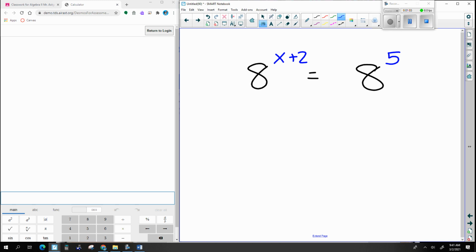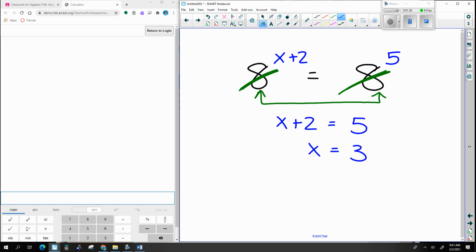Now, if these base numbers are the same, that's amazing, because we can just forget about the base itself and just do the math problem that is left over. So I would subtract 2, and thus x would be equal to 3 in this particular case.